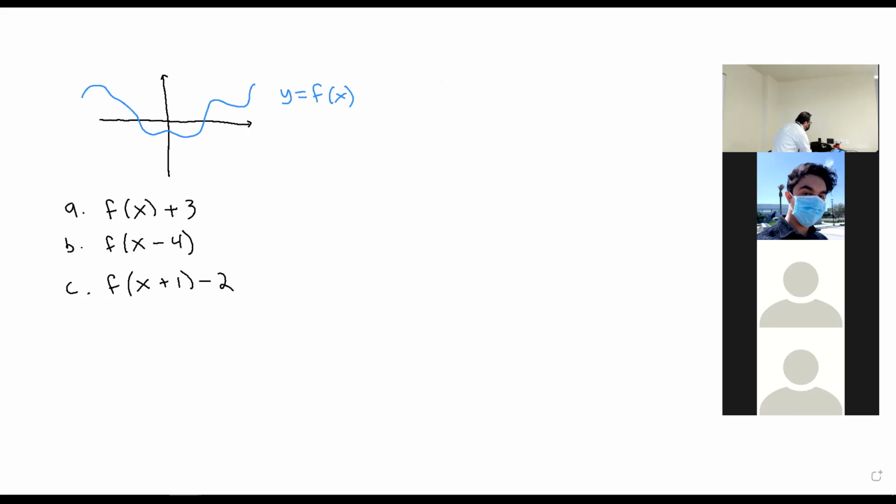Shifting up. It's shifting up, correct? F of x plus 3, it means this plus 3 that we have here is a shift up.